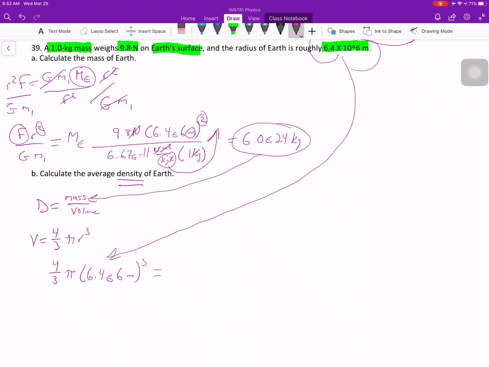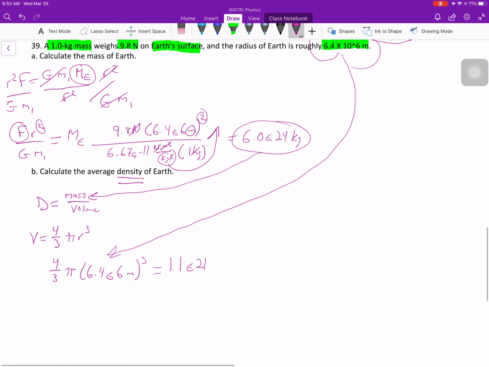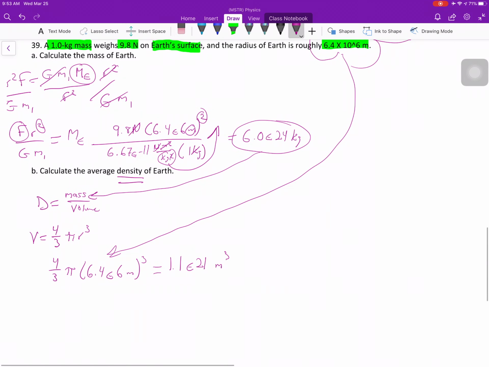And when we get that number, it will be 1.1 times 10 to the 21st meters cubed. And remember, that makes sense. It's meters cubed because we're talking about volume. And as always, remember that the book rounds to sig figs. So I might have a little bit of difference, and I'm not putting it in my calculator at the moment just to save some time in the video.